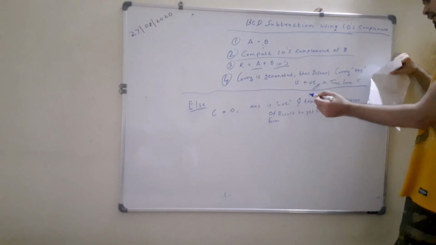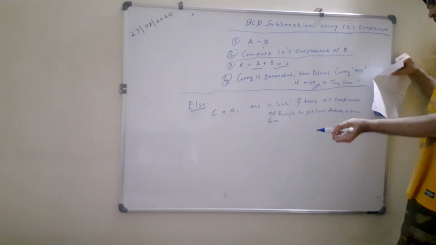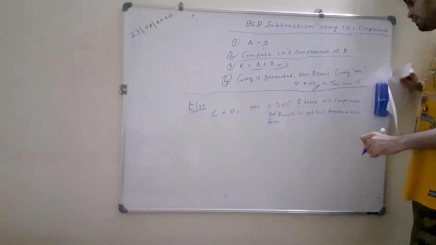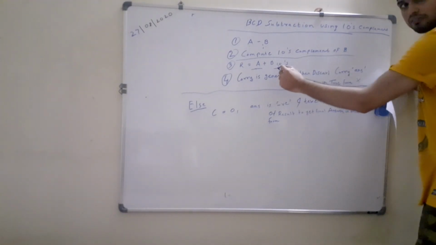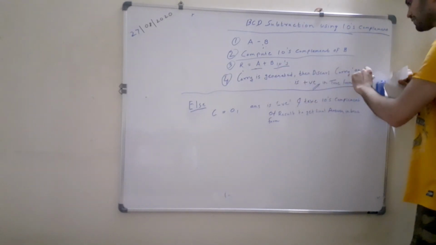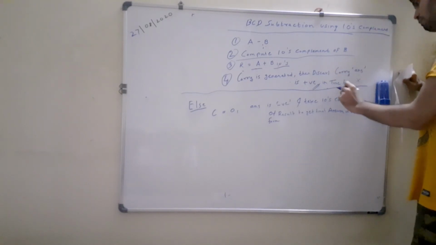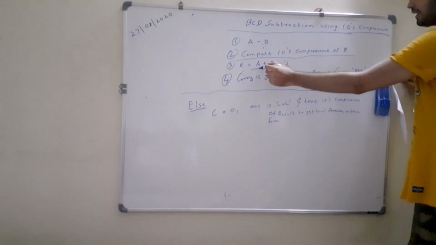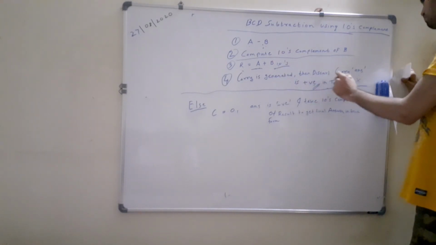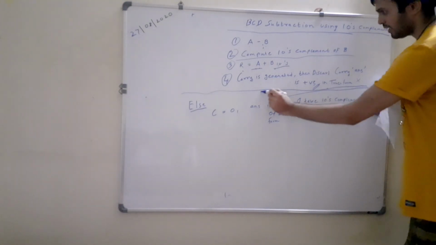So when carry is generated from A plus tens complement of B, we say that the answer is positive and in true form, and our subtraction procedure stops here itself.